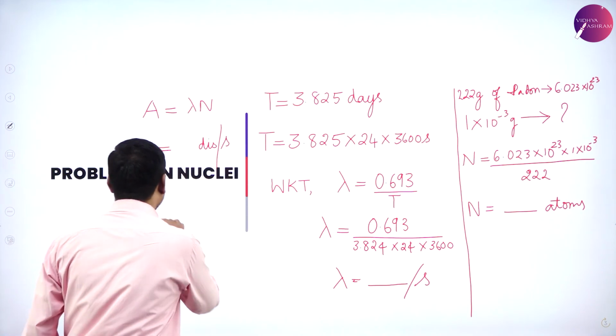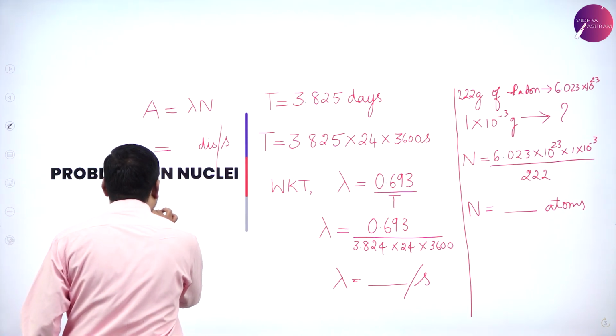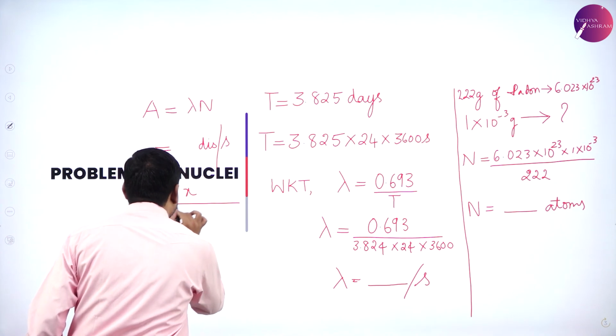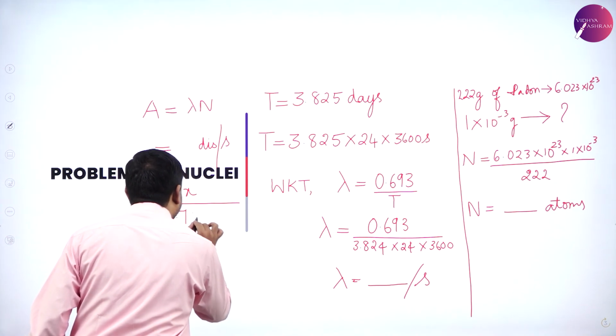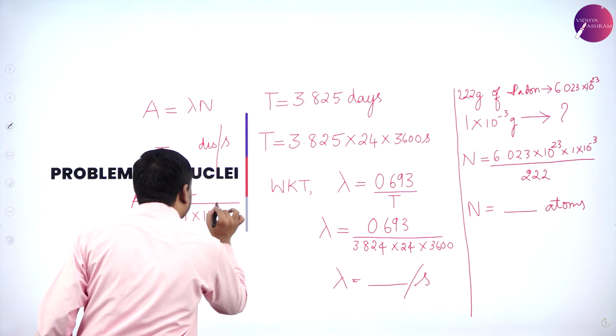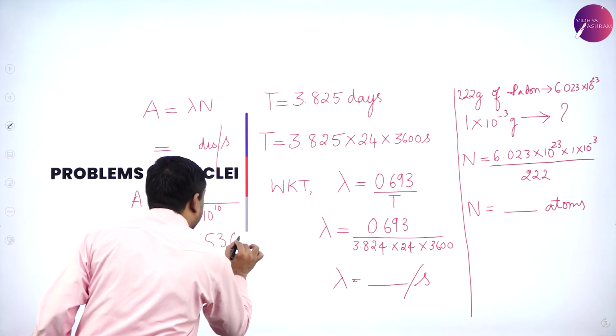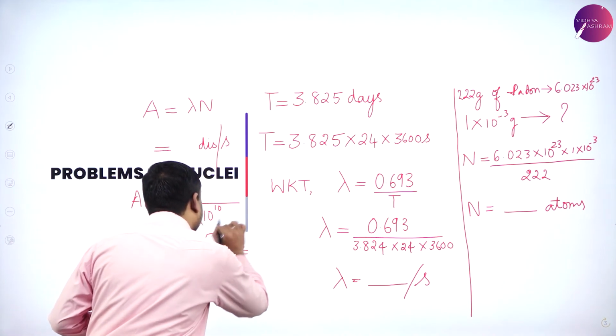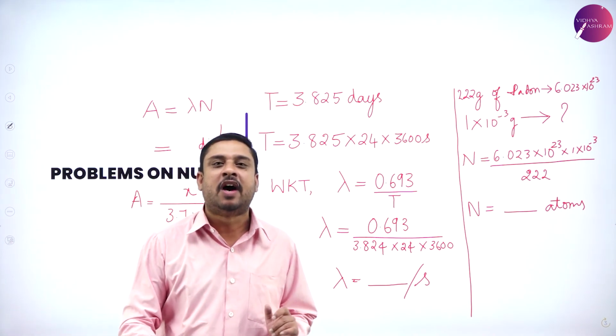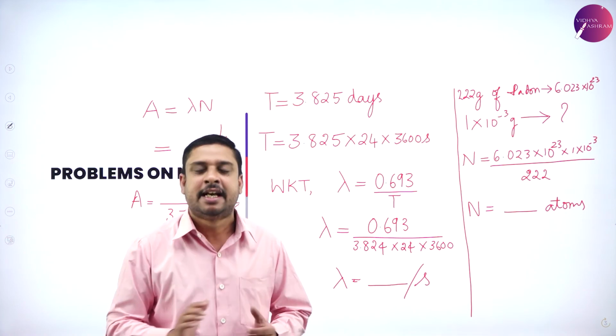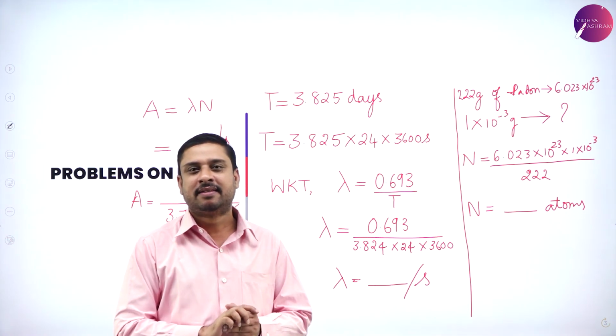So whatever answer you get, X, divide by 3.7 into 10 power 10, and finally you get 153 Curie as the answer. This is to convert the given unit into Curie.